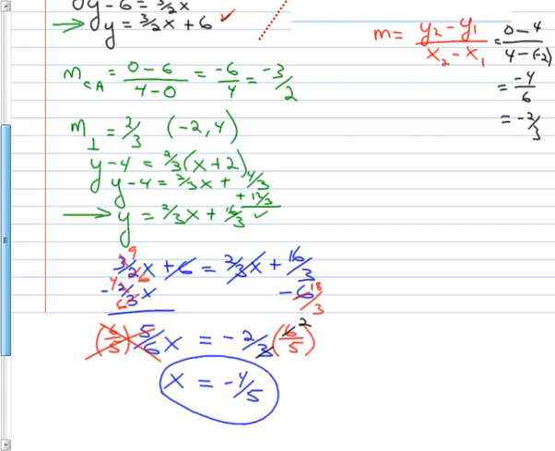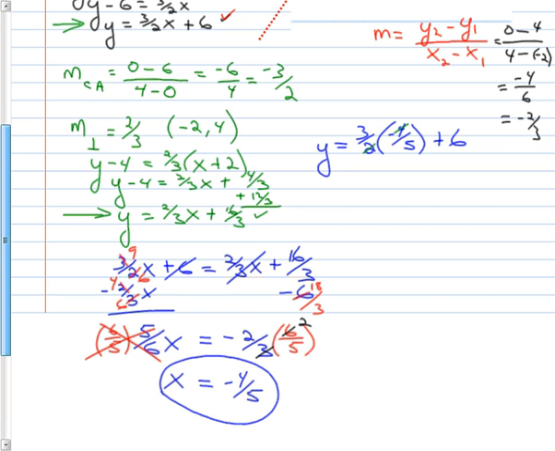Substitute back in to either one of these equations. It's on both of them. I'm going to come up to the black equation, and I'm going to substitute negative 4/5 as the x in that equation. Y must equal 3 over 2 times my x, which is negative 4/5, plus 6 more.